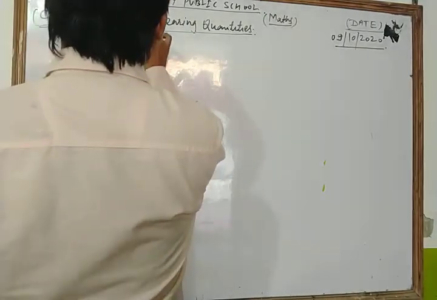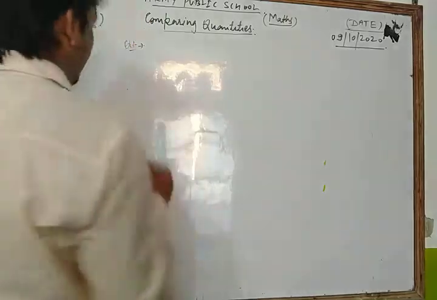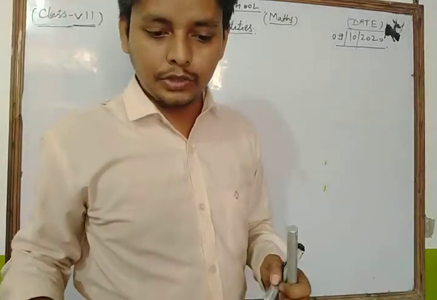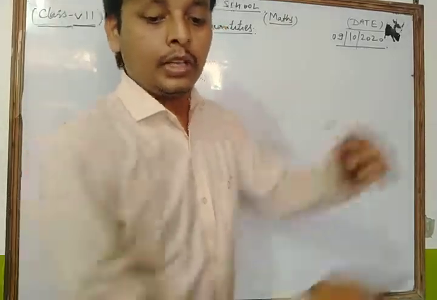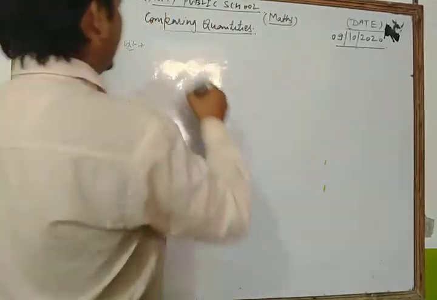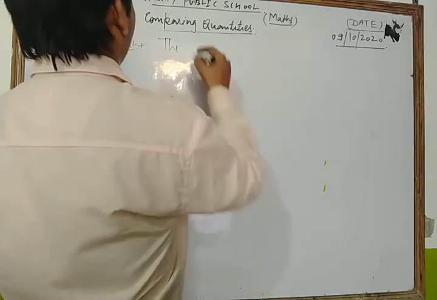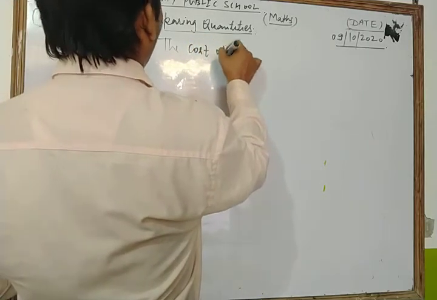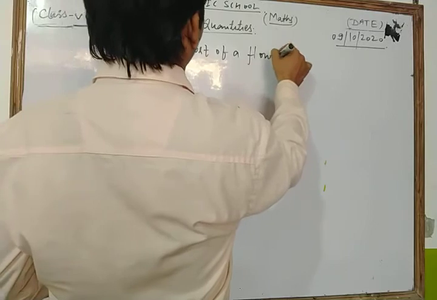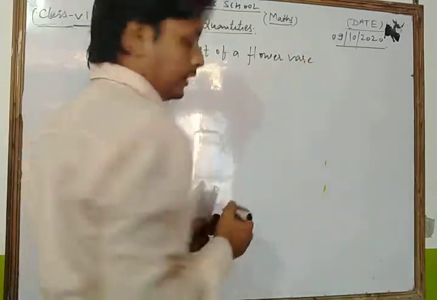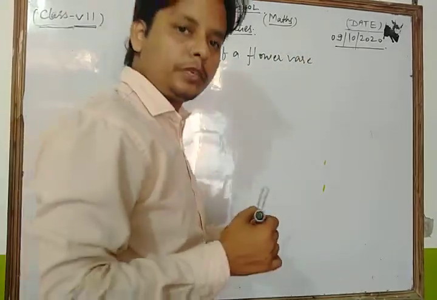Now we take some other question of your NCERT exercise, which is what? Let's see. The cost of a flower vase is rupees 120.